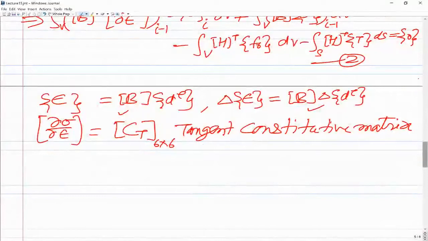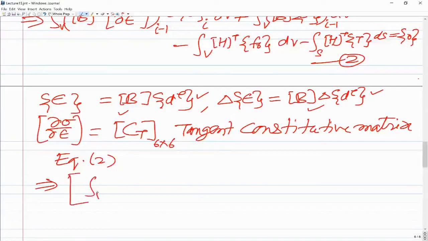Now if you look at equation 2, with this approximation, epsilon is B into d and delta epsilon is B into delta d. So we can write this equation as the integration over volume of B transpose, which we already have, and then del sigma by del epsilon, which is CT, a 6 by 6 matrix, and then delta epsilon, which is again B into delta d.